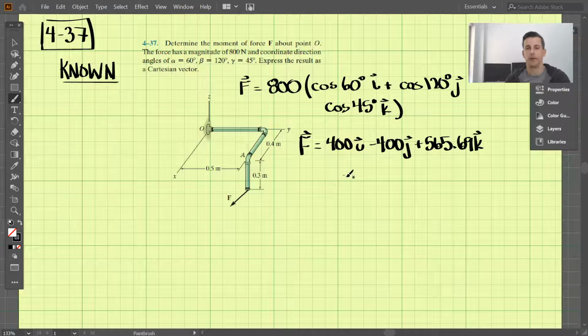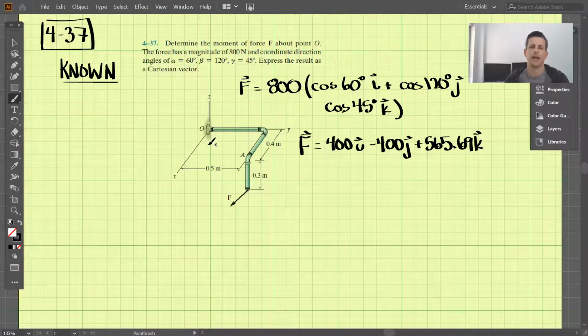Okay. All right, so why did we need to do that? Well, this is the Cartesian coordinate interpretation of vector F. Usually when we find moments in 2D space, we're keeping track of clockwise and counterclockwise components.